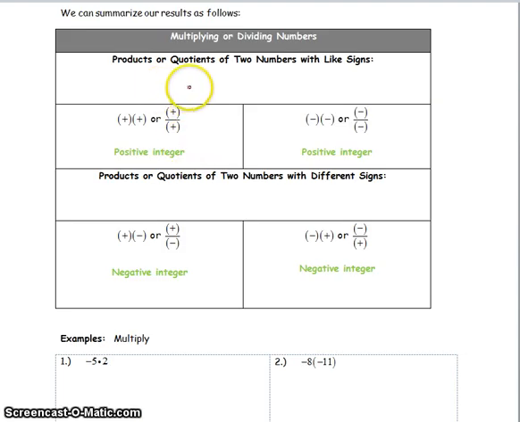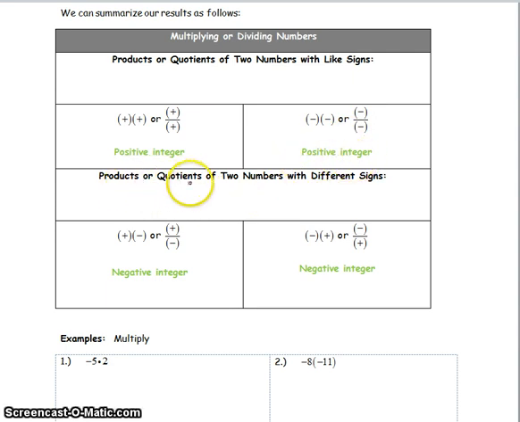We can summarize our results as follows. Products or quotients of two numbers with like signs: a positive times a positive, or a positive divided by a positive, gives us a positive integer. A negative times a negative, or a negative divided by a negative, also gives us a positive integer.